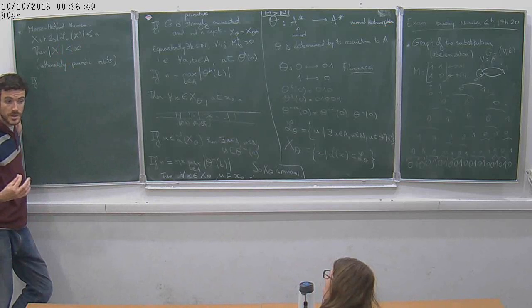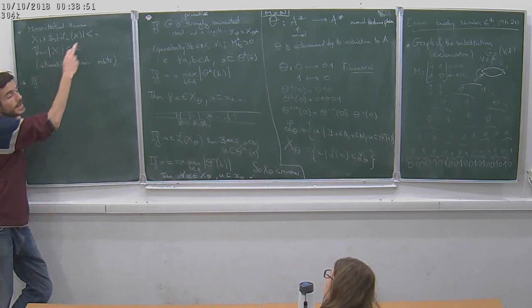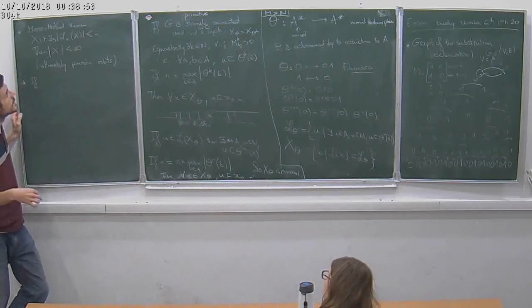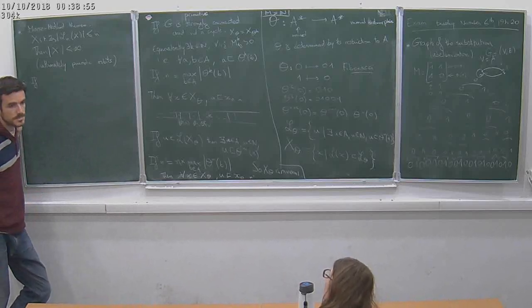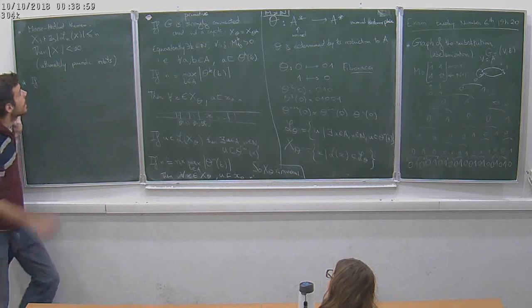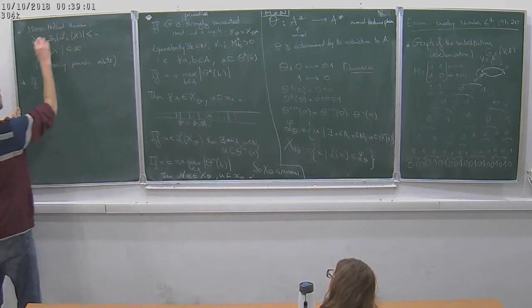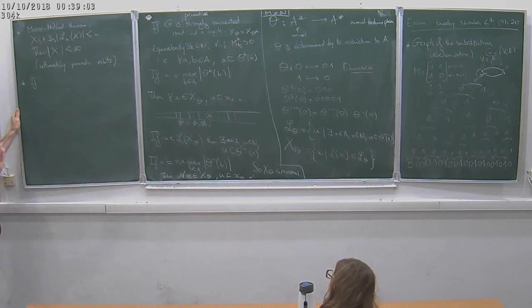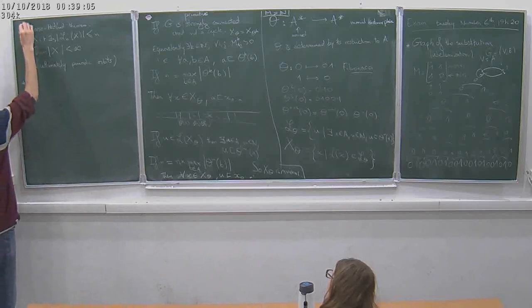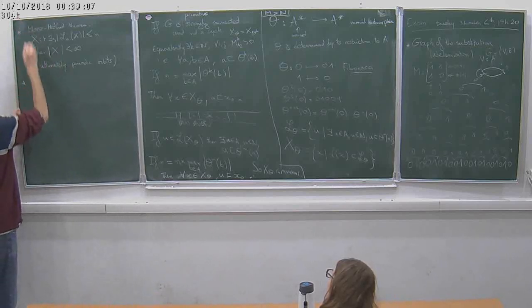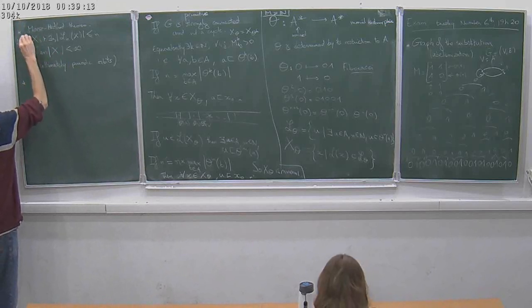When you have positive entropy, it means you have 2 to the n, or something to the n. It is not only for substitution subshifts, but for this theorem, sorry, no, for every subshift. Yes, any subshift.